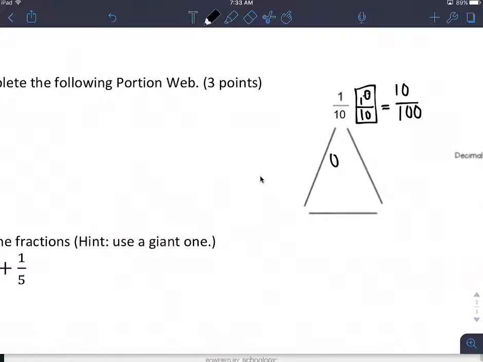So I have to write this first. 1/10, I just write what I say, or how I say the fraction. 10 out of 100 is 10%. And then I start to think about my place value. I have 0 in the 1. I can look at my words here and I see I have 1 in the tenths place. There is my decimal.